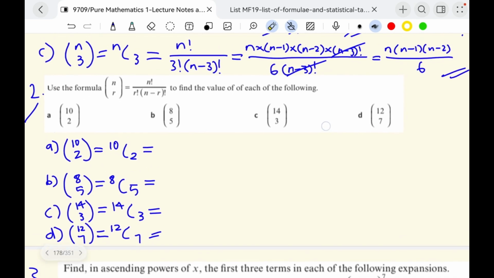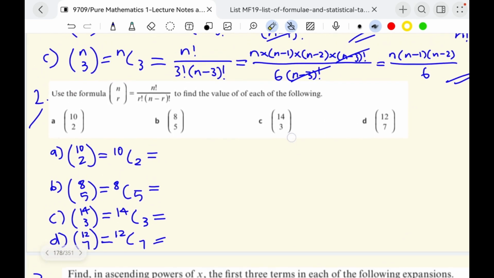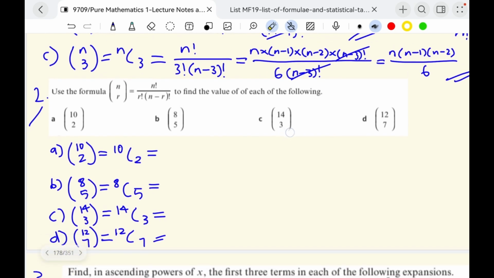So the next chapter isn't Pure Maths, but it is for Pure Mathematics 1.